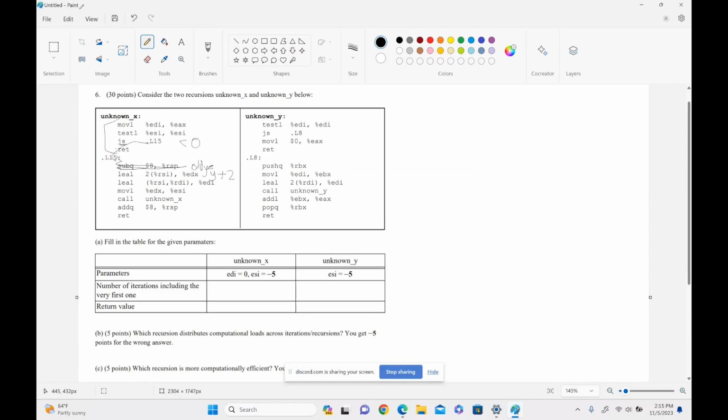EDX is like a pointer, right? You're changing the value of the pointer every time. So the old Y was just 1, but now it's 1 plus 2. So that's old Y, but it would change every time.